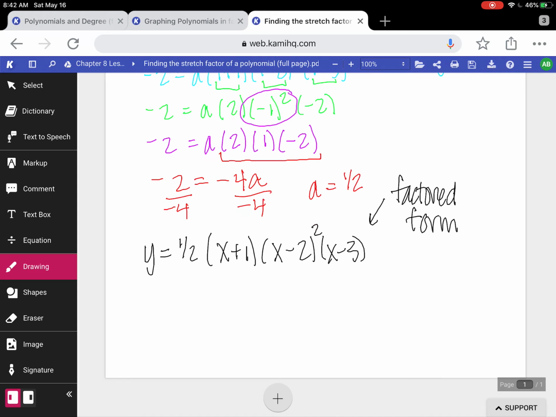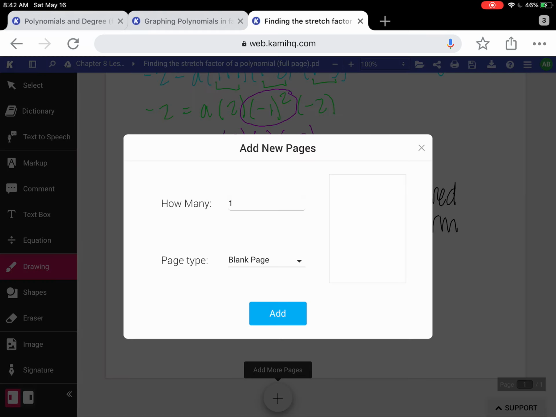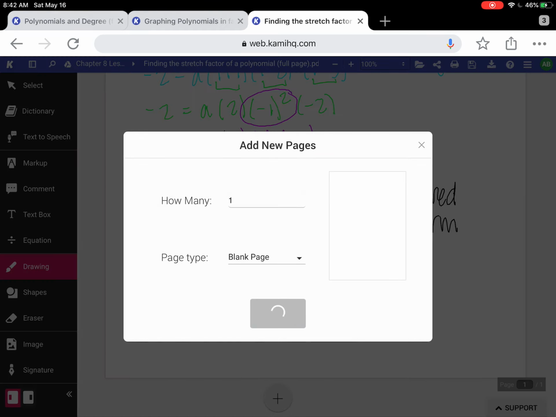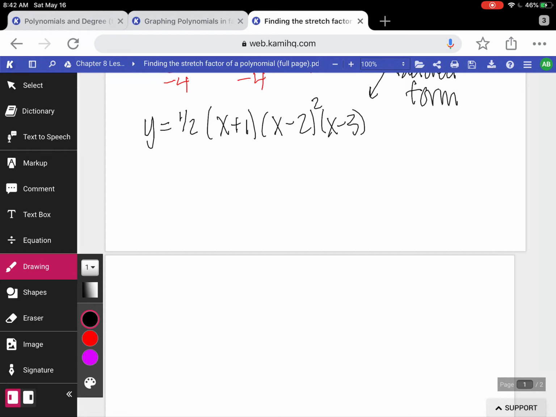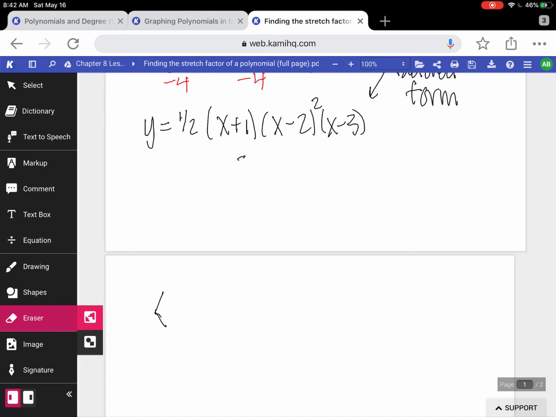So we have (x minus 2) squared is really what I would do first. So you can use either the distributive property or you can use your generic rectangle to multiply. And I'm just going to add another page here. Okay, so we're going to start off by doing (x minus 2) squared.